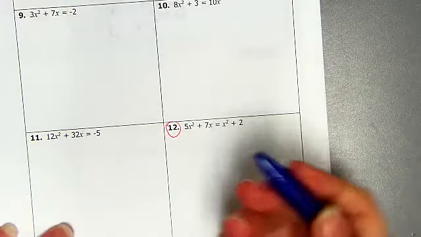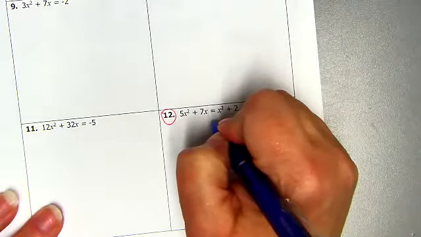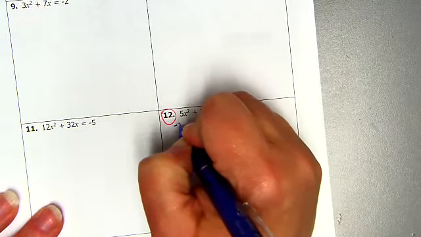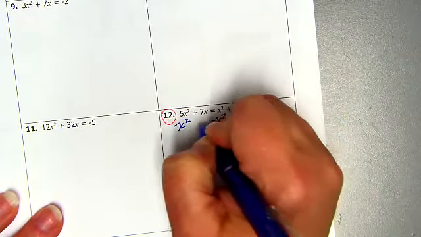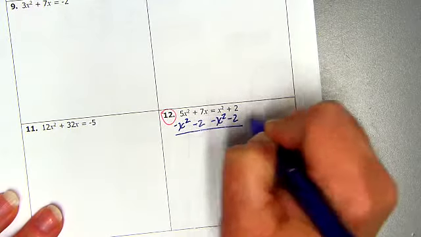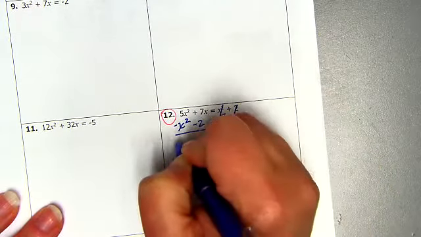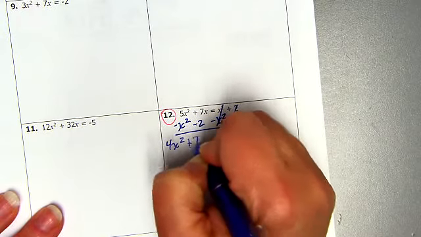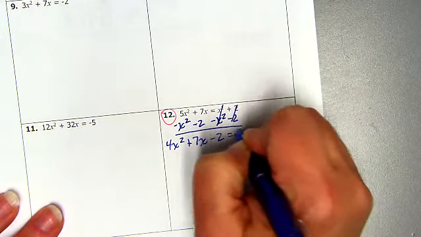So we've got to move them to make them equal to 0. So I've got to subtract x squared, subtract 2, line them up, but sometimes we'll even write it, but it won't line up. This cancels, and now I'm gonna have 4x squared plus 7x minus 2 equals 0.